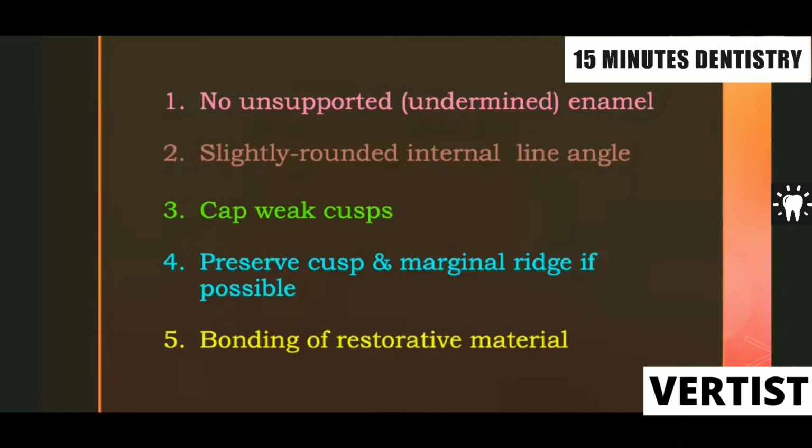So that will also give you good resistance. That is, when you have no unsupported enamel, you have slightly rounded internal line angles, if you have capped the weak cusp, if you have preserved the cusp and the marginal ridge, which are nice and strong, and if you are going to use a restorative material like composite, then the bonding technique that you use, these all contribute to the resistance form.